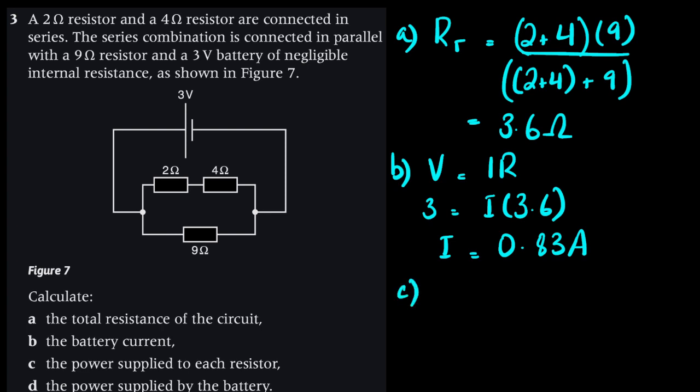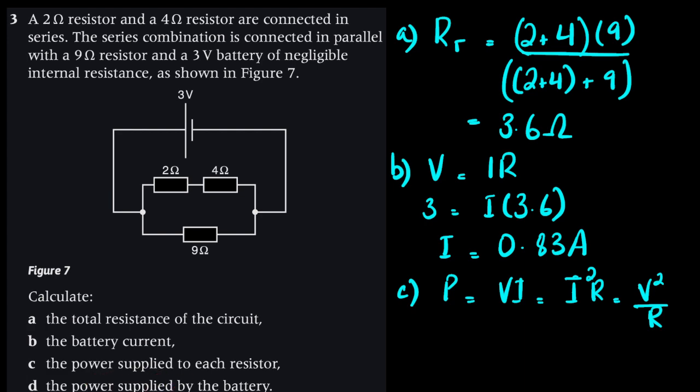Part C, the power supplied to each resistor. For the power supplied, again you have a lot of formulas. So we have P equals VI, we have I squared R, we have V squared upon R. In situations like these, you have to be very sensible about what would save you the greatest amount of time and what would be the easiest to work with.